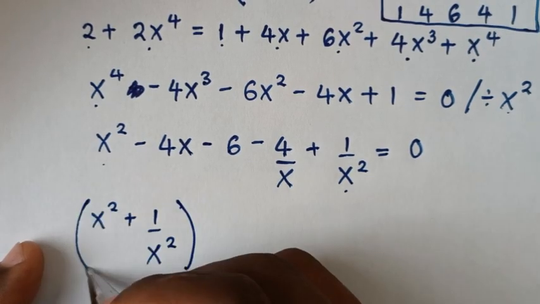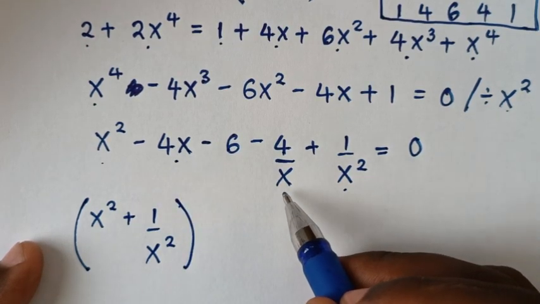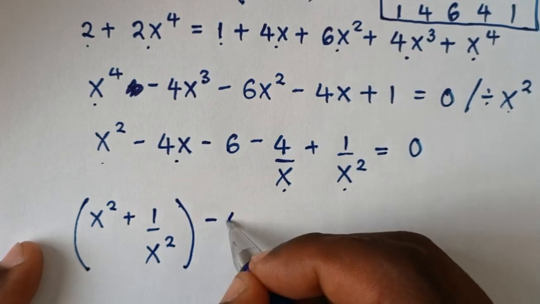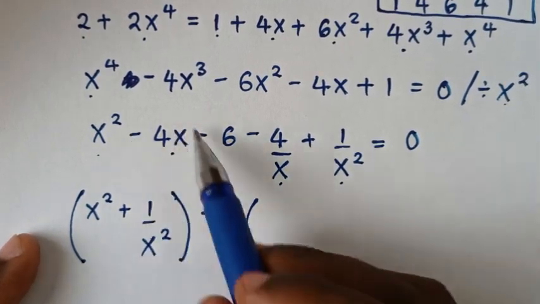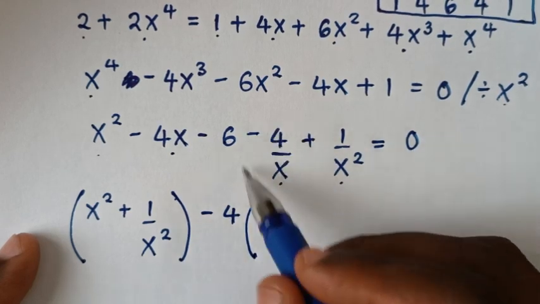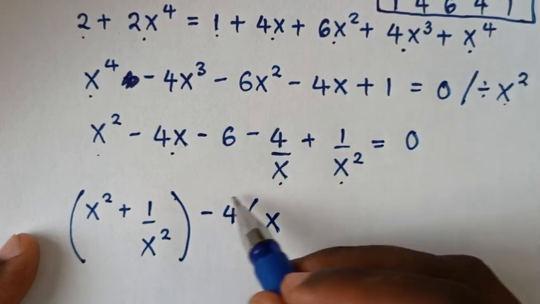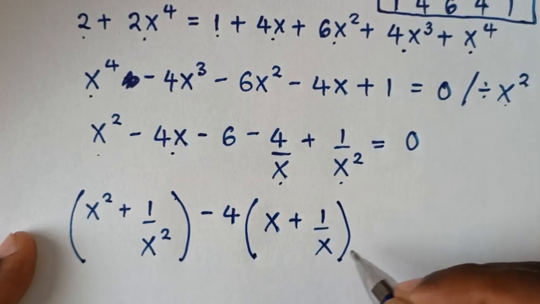We place this together. Then minus 4x with this minus 4 over x. Here minus 4 is common, so we'll take it out of the bracket. So minus 4x divided by minus 4, it will be x. Minus 4 over x divided by minus 4, it will be plus 1 over x, in brackets.